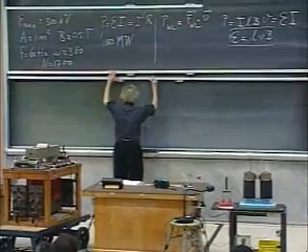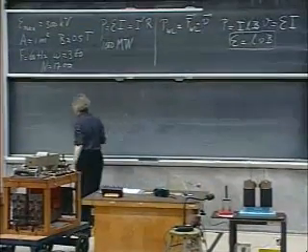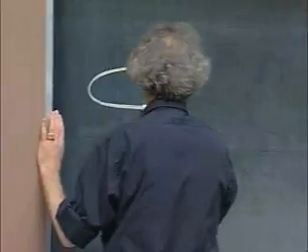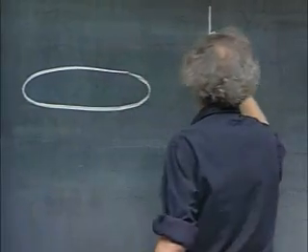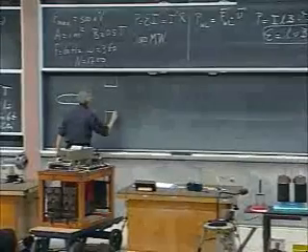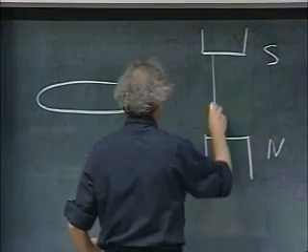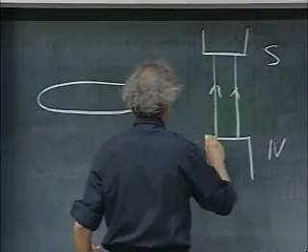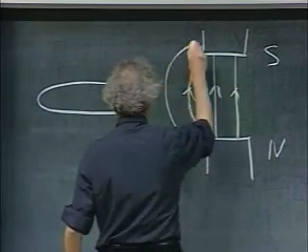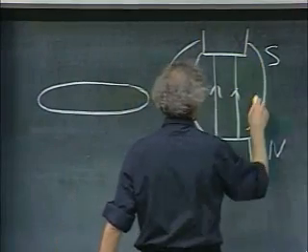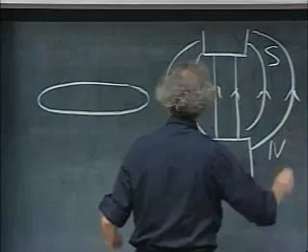If I have a conducting disk, solid disk, and I move that, I try to move it through a magnetic field, North Pole, South Pole. This is the magnetic field. It's a little weaker here, a little weaker there. I move this in.